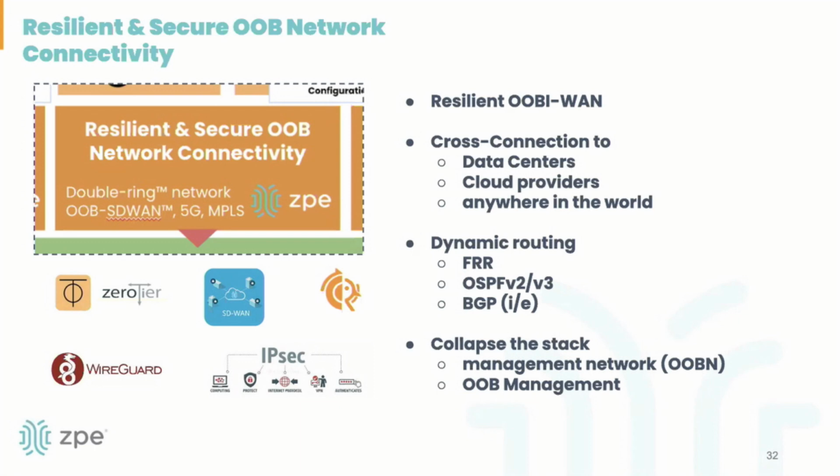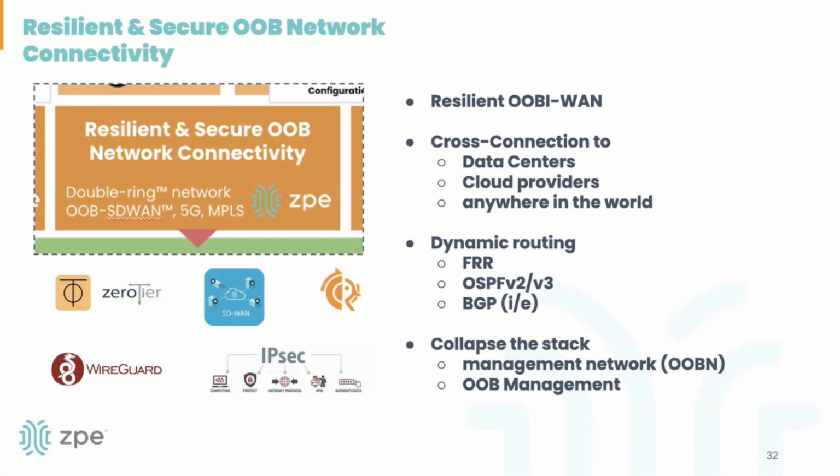We already spoke briefly about the routing. We have FRR routing installed on our appliance, which is fully up to date, so all the capabilities which you have with FRR routing are available to you as a customer. Most customers use OSPF version 2 or version 3, or BGP in any shape or form.